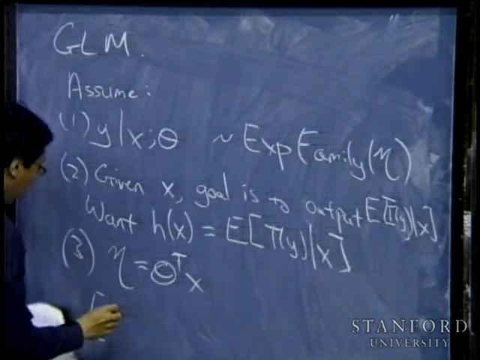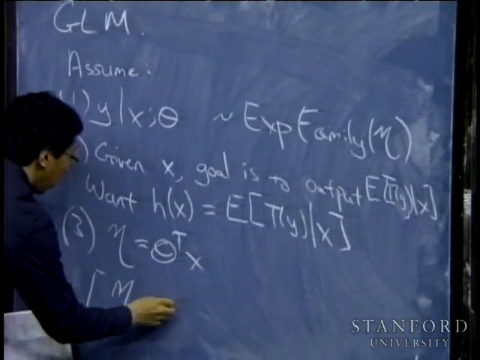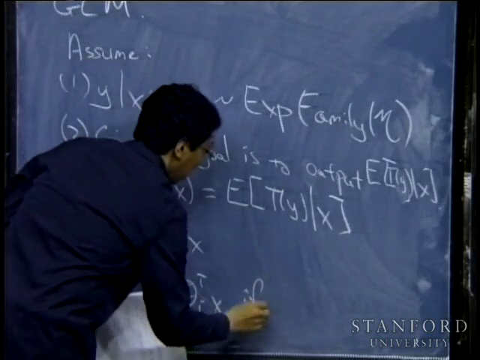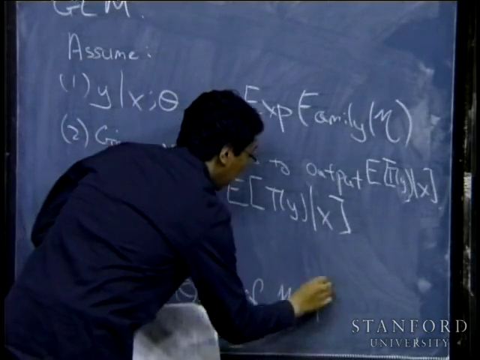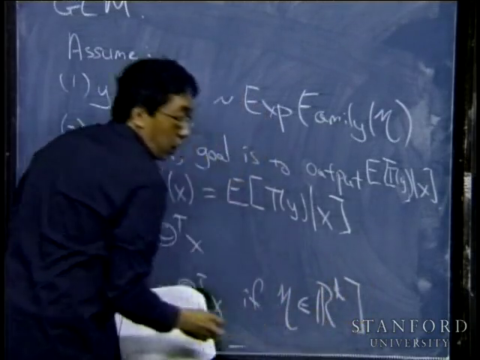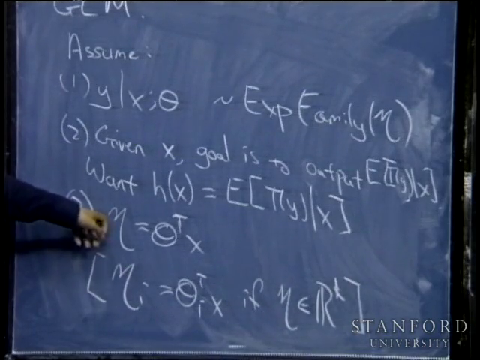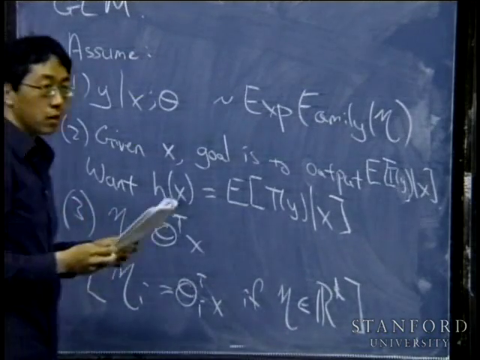For the more general case, we would have eta i equals theta i transpose x, if eta is a vector rather than a real number. But again, in most of the examples, eta would just be a real number. Okay.